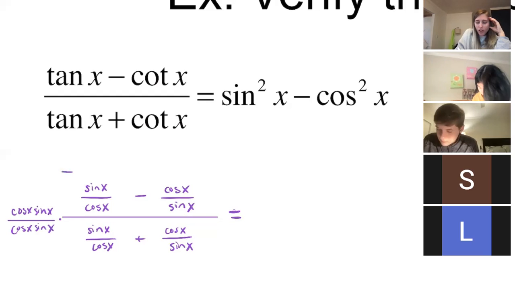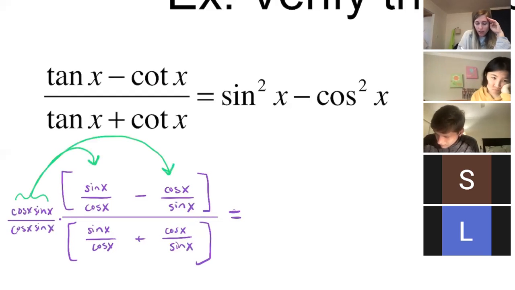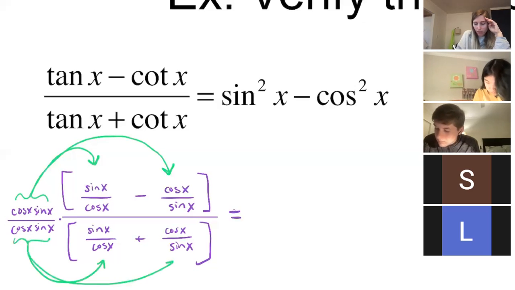Whenever I'm trying to get rid of complex fractions, I always like to draw the grouping symbols around the numerator and denominator to help me remember that I'm distributing. I'm going to distribute cosine times sine to the first fraction and then the second fraction in the numerator and the denominator.